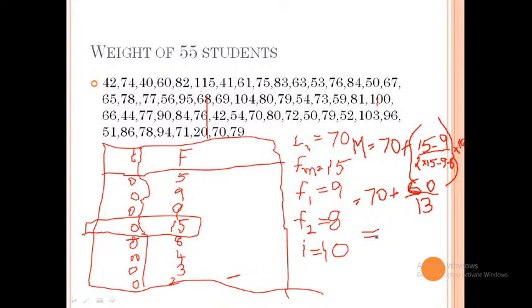That comes to 74.61. This is the mode. This is how we compute mode with the help of the equation.